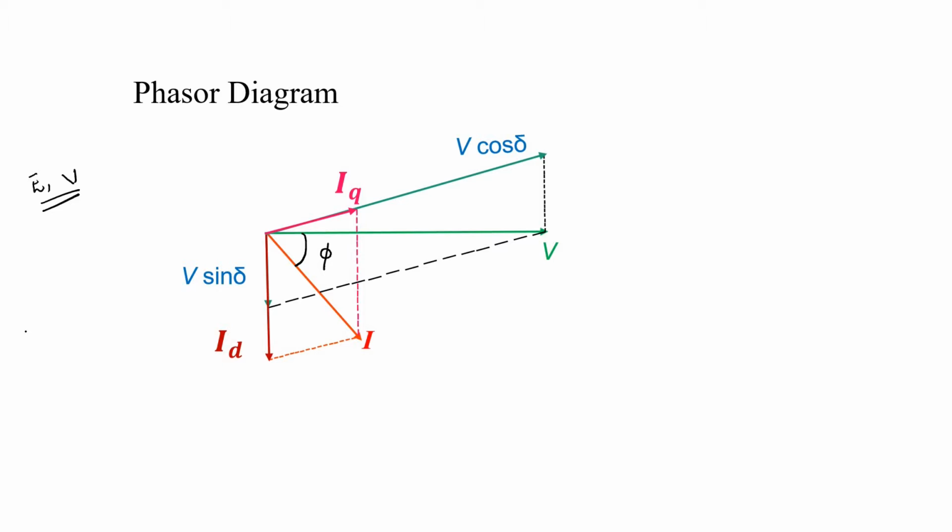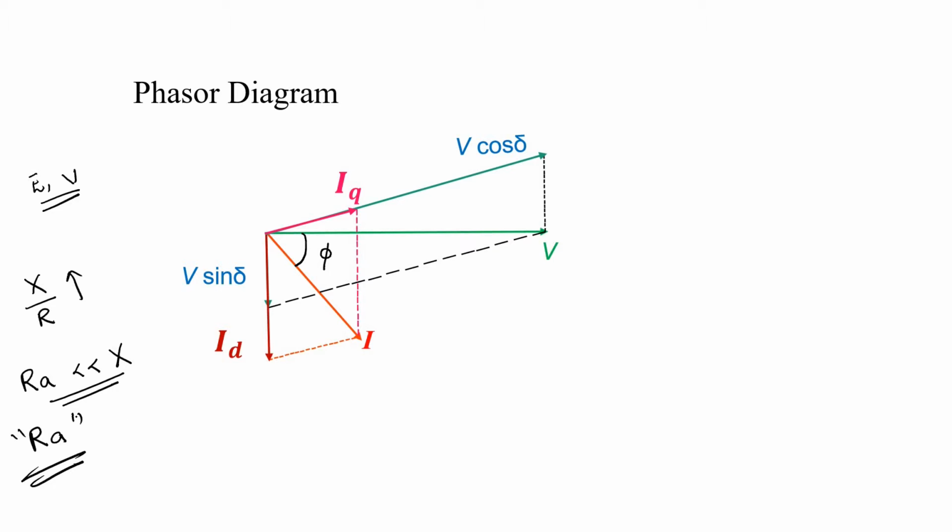Now we know that whenever we use alternators for analysis and stability studies, we take one assumption: that the X by R ratio of the synchronous generator is very high. Because the armature resistance is very much less than the reactance value, we are neglecting the resistance in the phasor diagram representation also.